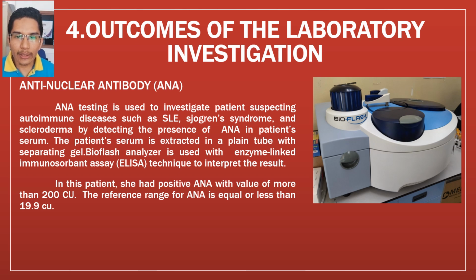The patient's serum is extracted in a plain tube with separating gel. Bioflash analyzer is used with enzyme-linked immunosorbent assay ELISA technique to interpret the result. In this patient, she had positive ANA with a value of more than 200 CU. The reference range for ANA is equal or less than 19.9 CU.